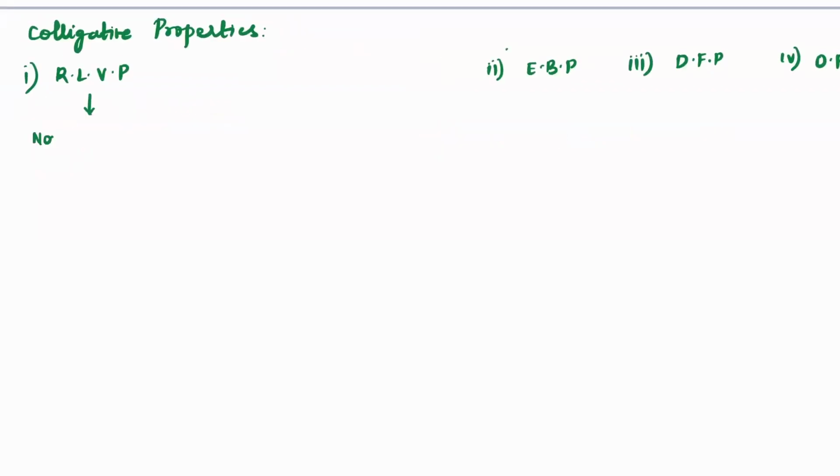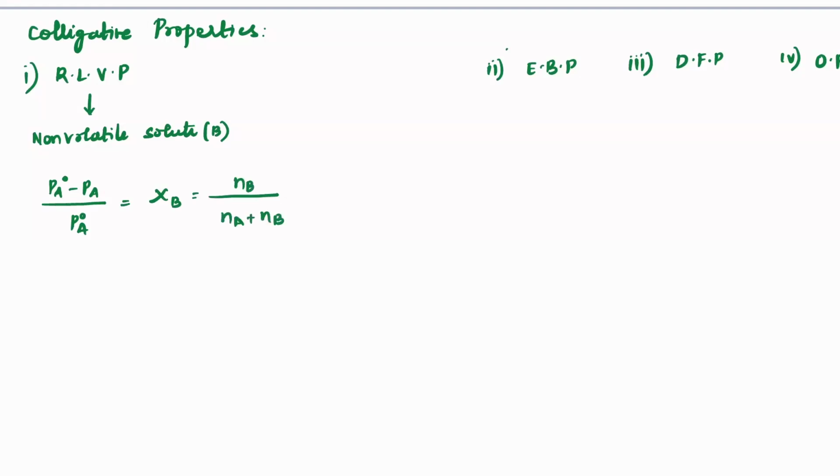non-volatile solute. For non-volatile solute, which is B, as you add, then we know that P naught A minus PA upon P naught A will come out to be mole fraction of B. Okay, mole fraction of B can be written as number of moles of B by number of moles of A plus number of moles of B. This particular term is what we call relative lowering of vapor pressure.